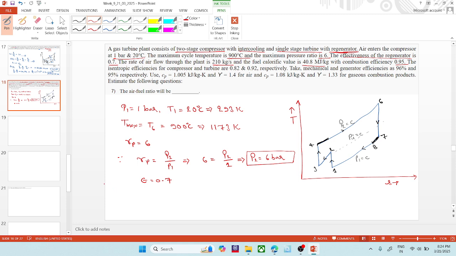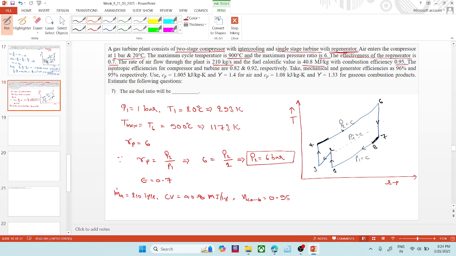Other values are: airflow rate m dot a is equal to 210 kg per second, calorific value of fuel is 40.8 megajoule per kg, and combustion efficiency is 0.95.